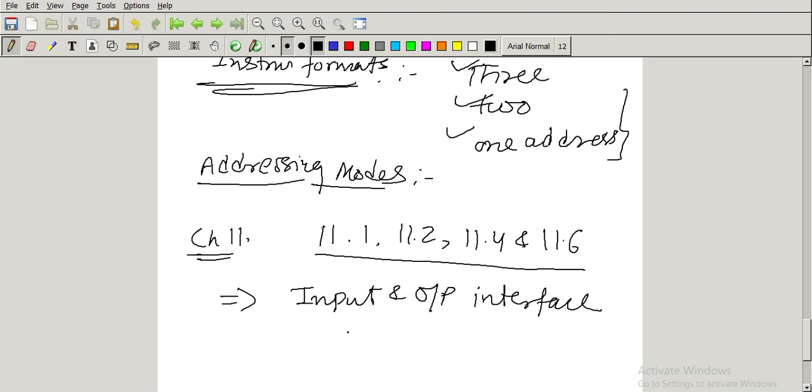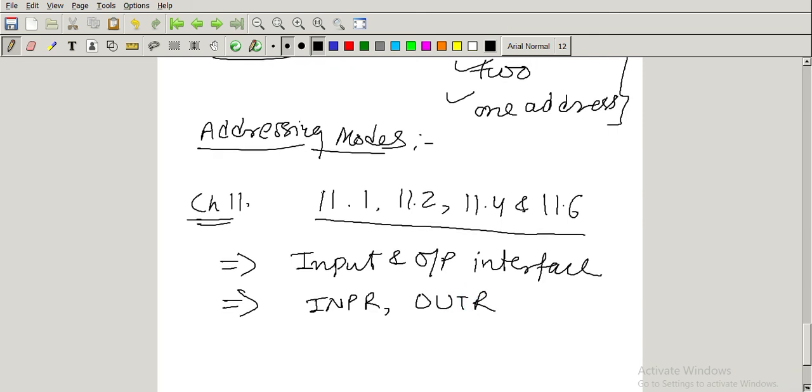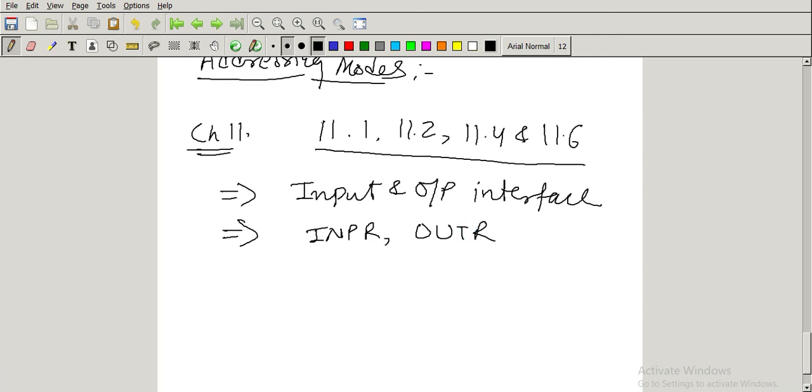And second, the role of the various input output registers which help to interact with the computer memory and give us the output, and how the various interface modules are connected to the bus, and how they give you the data and all.